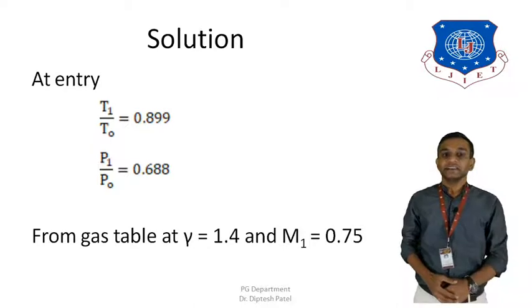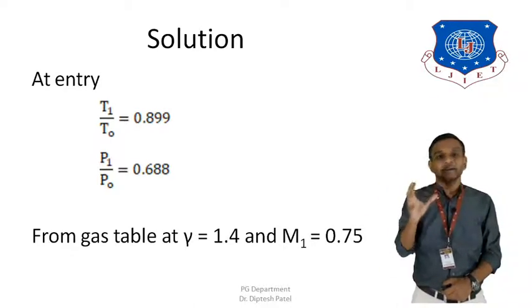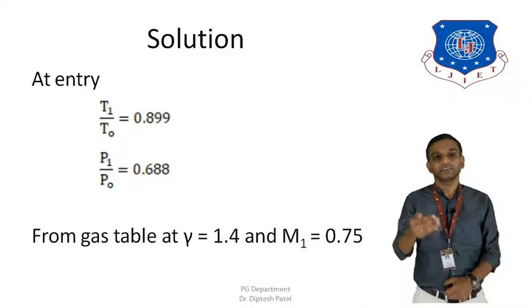Our next thing is we need to calculate the pressure, temperature and the velocity at section 2, at exit. For that we are going to need different conditions. We are going to need stagnation temperature and pressure. So the first thing that we need to calculate here is the stagnation temperature and stagnation pressure.